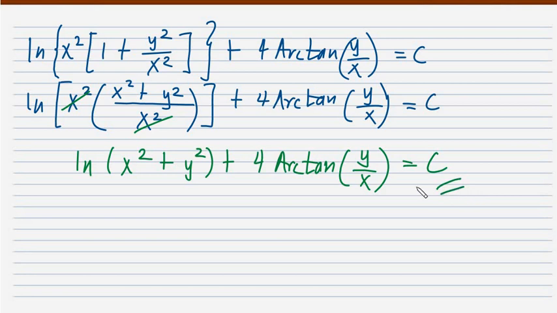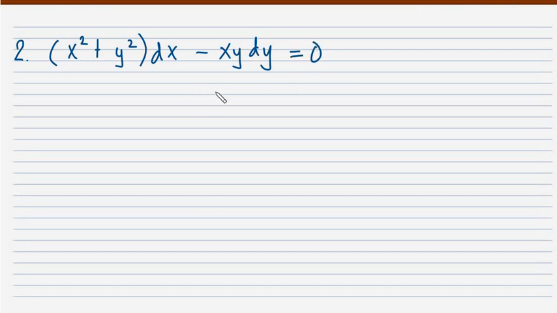Okay, so you can pause the video before we go to our next problem. You can pause and you can rewind, but I will go to our next problem. For our next problem, we will solve the quantity x squared plus y squared dx minus xy dy is equal to 0.